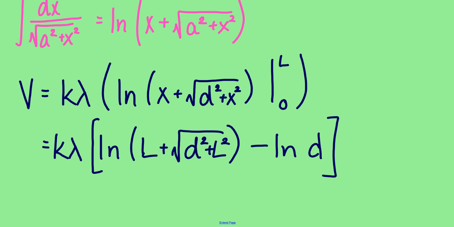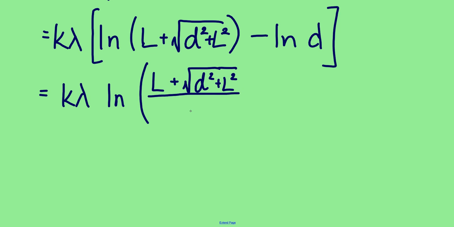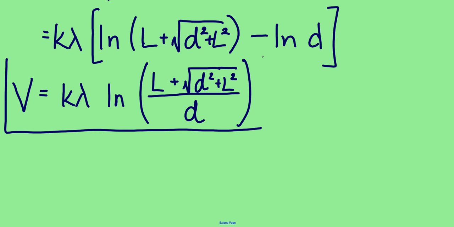Now, we know that natural log is a function that we can change when we have a subtraction of two natural logs. So instead of writing this as this big expression in parentheses here, I could write this as the natural log of the quantity L plus the square root of d squared plus L squared, all divided by d. There's no further way to simplify this expression.